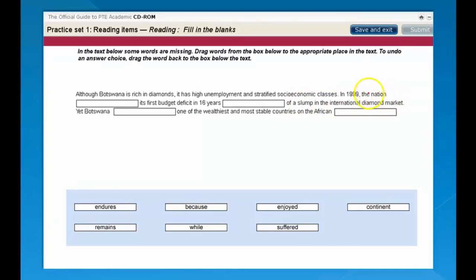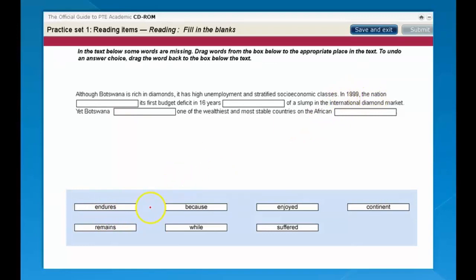So, if you have a budget deficit, what about endures? While endures is a potential thought that could go here in the first blank, it's not necessarily the proper one because the tense does not match the idea that this is occurring in the past.